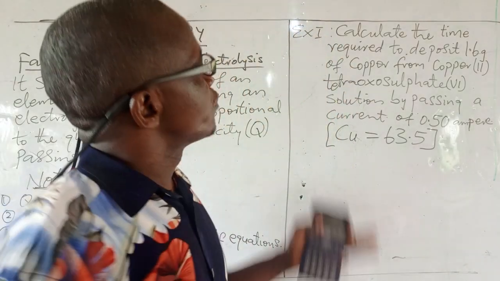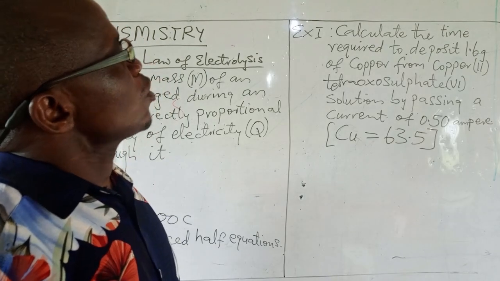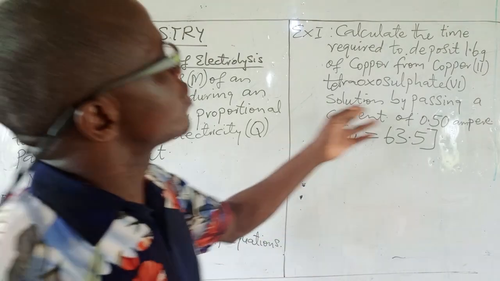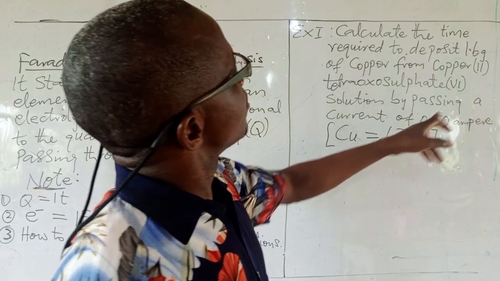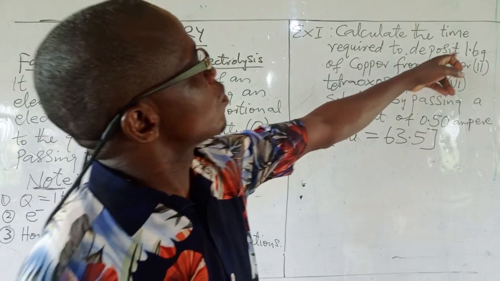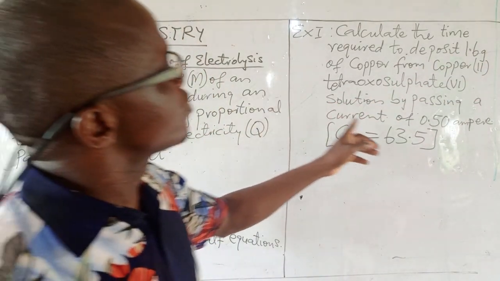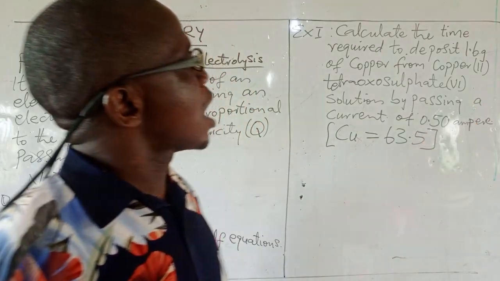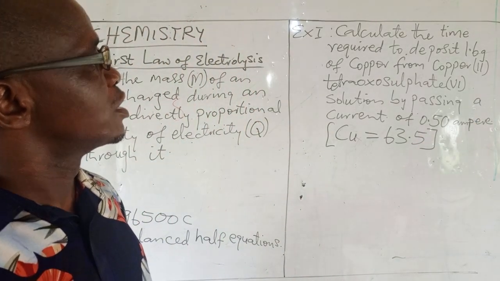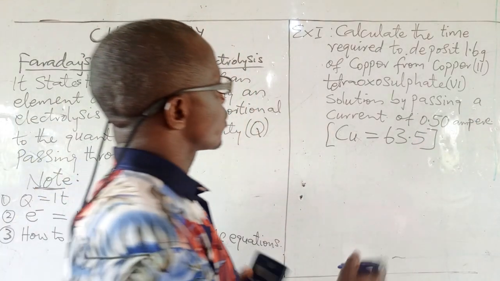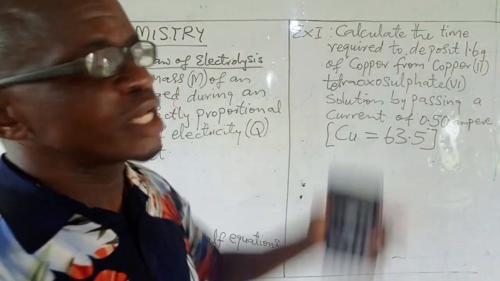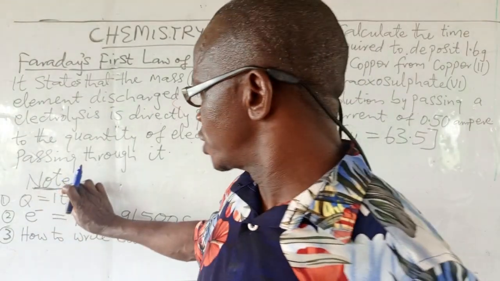Now, if you check this question, what is given is the mass, 1.6 gram, and they have given you ampere, that's the current. So what you are looking for, they said you should calculate the time, which means you need this formula.